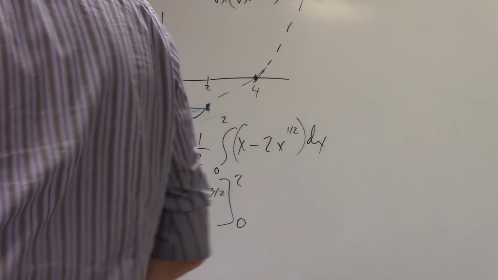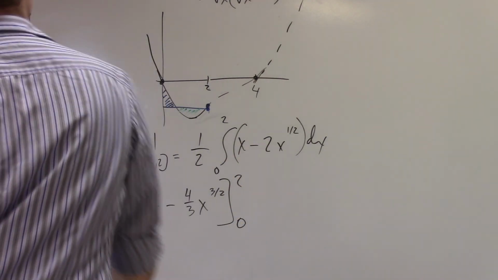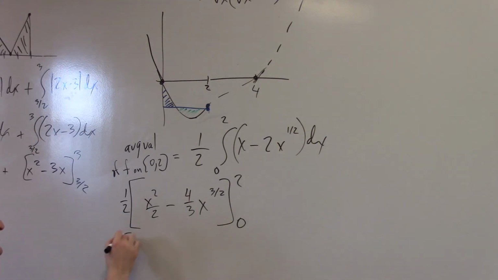And when I plug in 2, I'm going to get 1/2 times 2 minus root 8, 2 root 2, so this is 8 root 2 over 3. Is that what you got? Yeah. So my answer is 1 minus 4 root 2 over 3.